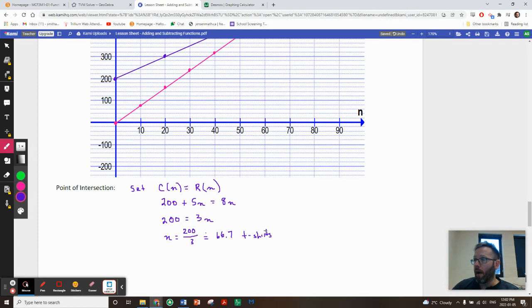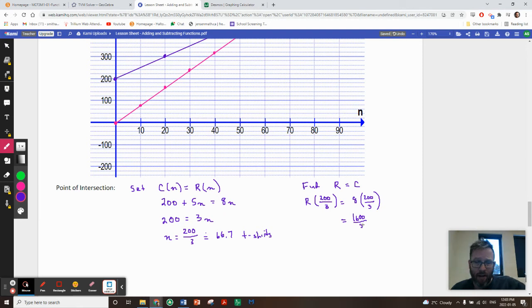Of course, what's the corresponding value of R or C? I'll just say find R equals C, because at this point of intersection, the revenue and cost would be the same. I'll just choose the revenue function, which looks a bit easier to work with. That's 8 times 200 over 3, which is 1600 over 3, which I think is 500.